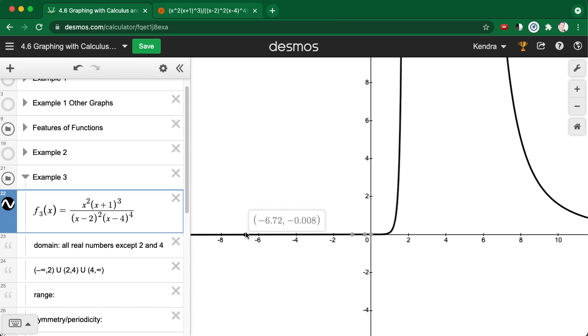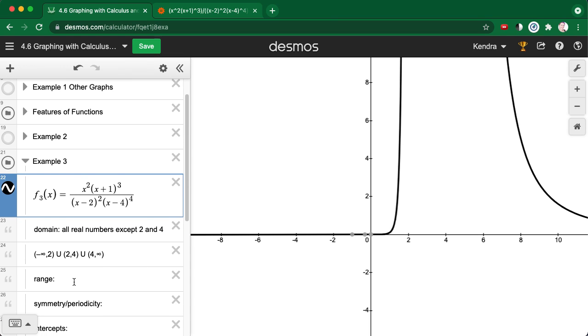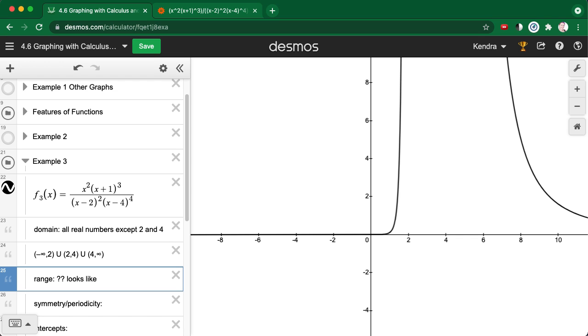So something else is going on here too. Okay, but I'm just going to put this: it looks like y is greater than or equal to 0, or y is greater than or equal to some small negative number.